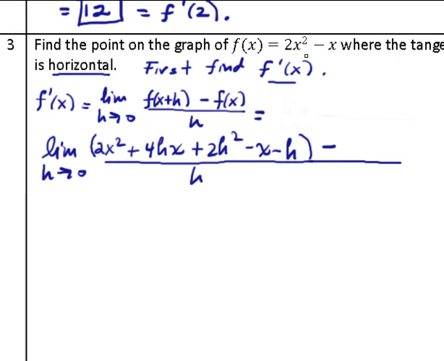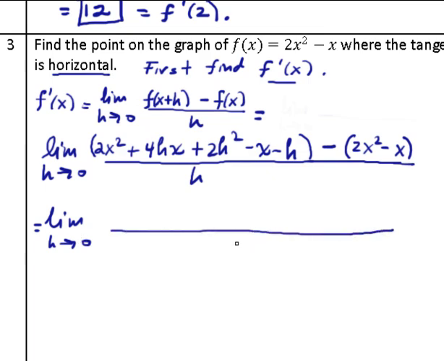Now subtract f of x. Here's f of x. So we're going to subtract 2x squared minus x. All right, now open up parentheses and we'll have some canceling. So we have 2x squared plus 4hx plus 2h squared minus x minus h minus, now open parentheses, 2x squared.